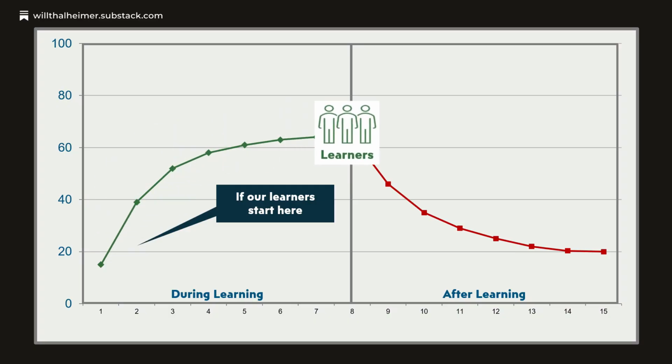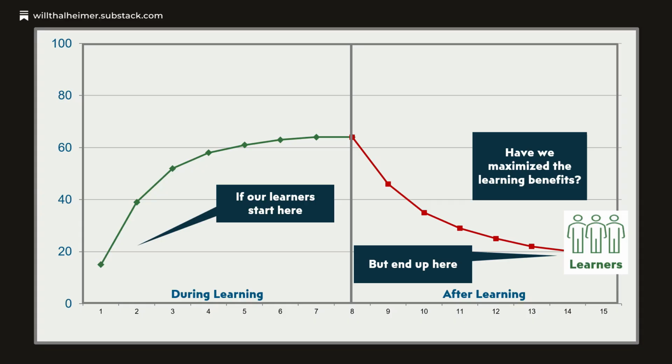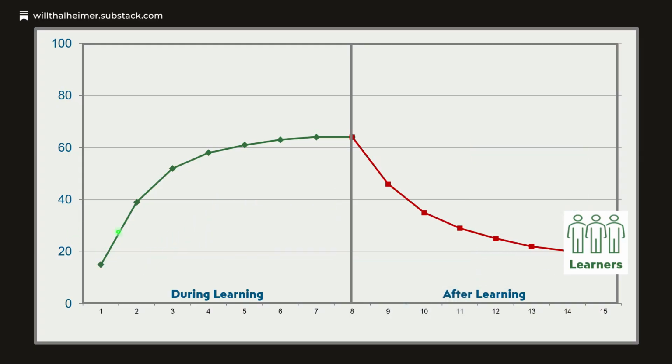They start there. They go up the learning curve, but then they slide down the forgetting curve. Have we maximized the learning benefits? Well, clearly no. They've started here and ended up more or less in the same place. That's not good. That's a failure on our part. So ideally, we hope that there's something we can do to minimize this forgetting curve.